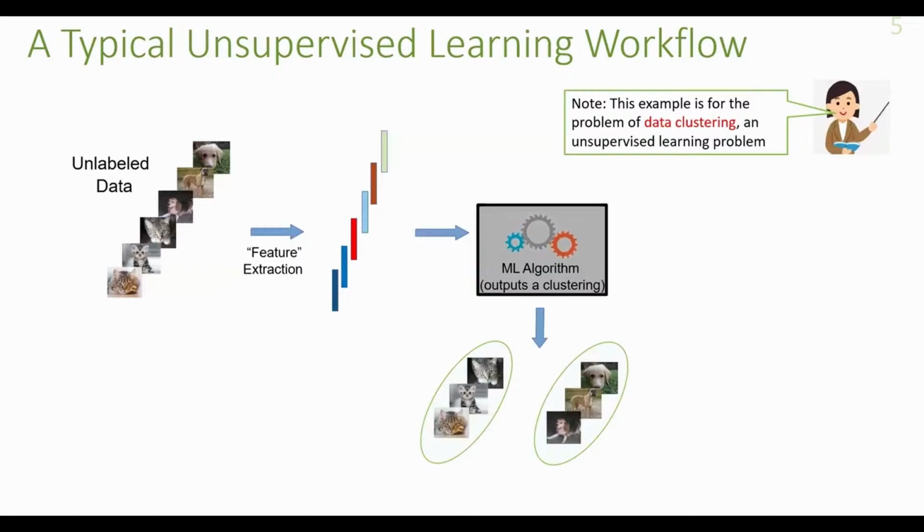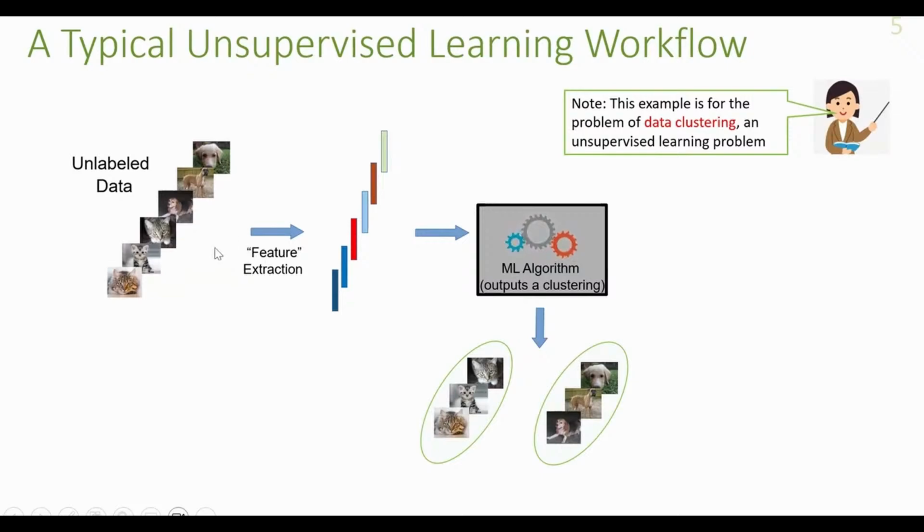But we can solve a few problems. For example, clustering. Suppose you want to cluster all dog images in one group and all cat images in another group, we can solve this type of problem even if we don't have the label data, right?